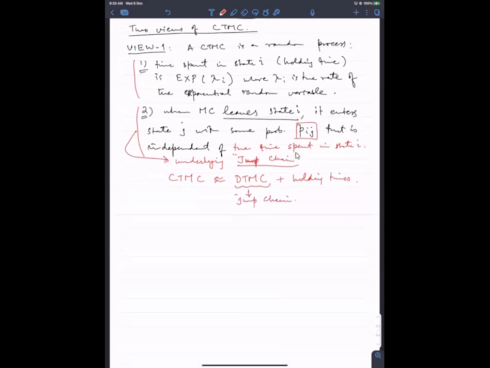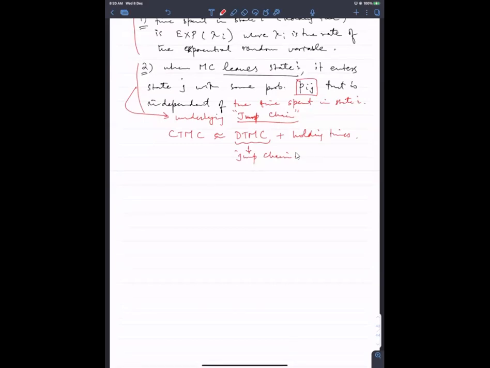Okay. Once again, this is only one view. There is a second view of looking at the continuous time Markov chain as well. And the second view is: let Xij be exponential with rate lambda I Pij.